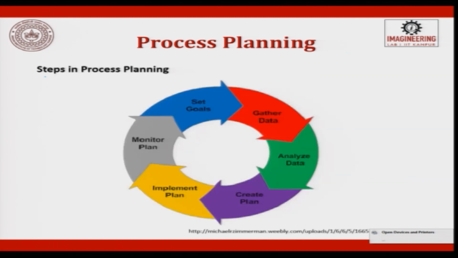If you look at it, these are the steps in a nutshell you will be doing. One is to set goals. Then for the set goals, you will try to gather data. This data can be of two types. One, it can be within your industry, or it can be from books, which are standards.